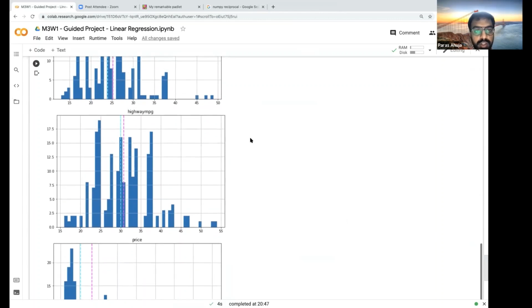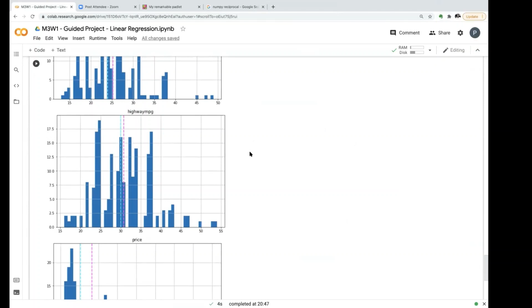Guys, are you able to see the doc? Access the doc? There is no code, I guess. Yeah, there's no code. I'm putting that code. Right, so here's a floating code.